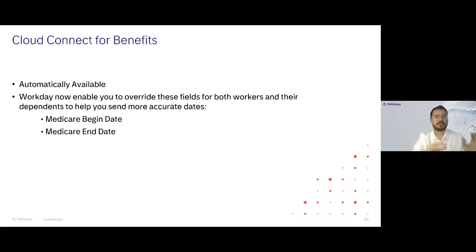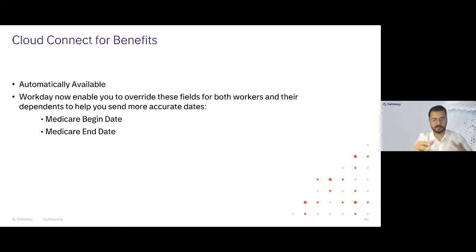With this, Workday now enables you to override two fields for workers and their dependents to send more accurate dates. What are those two dates? That is Medicare begin date and Medicare end date. But this is not yet in GMS.